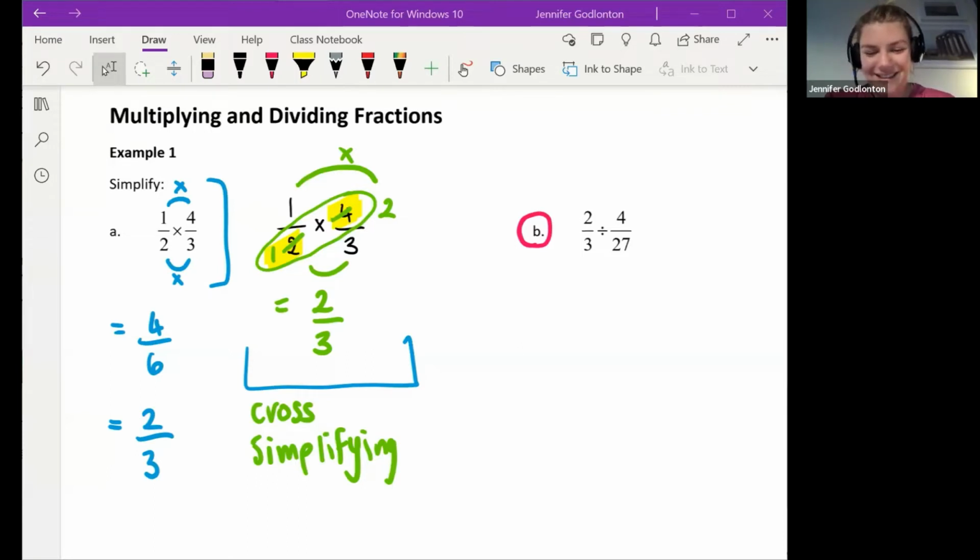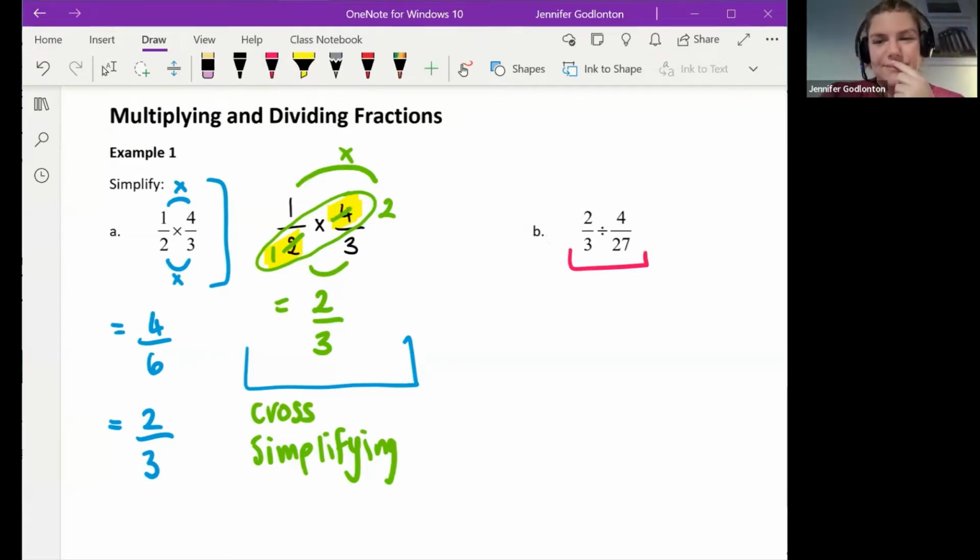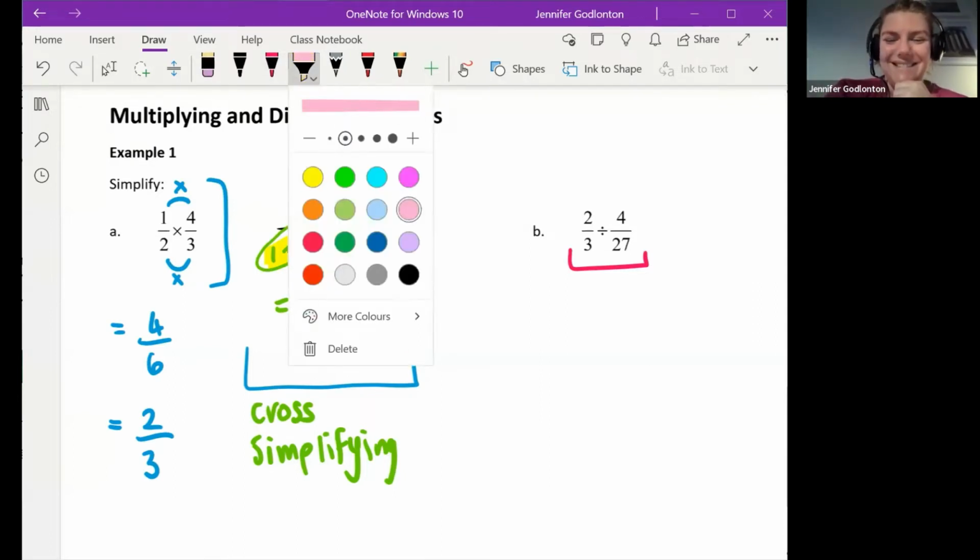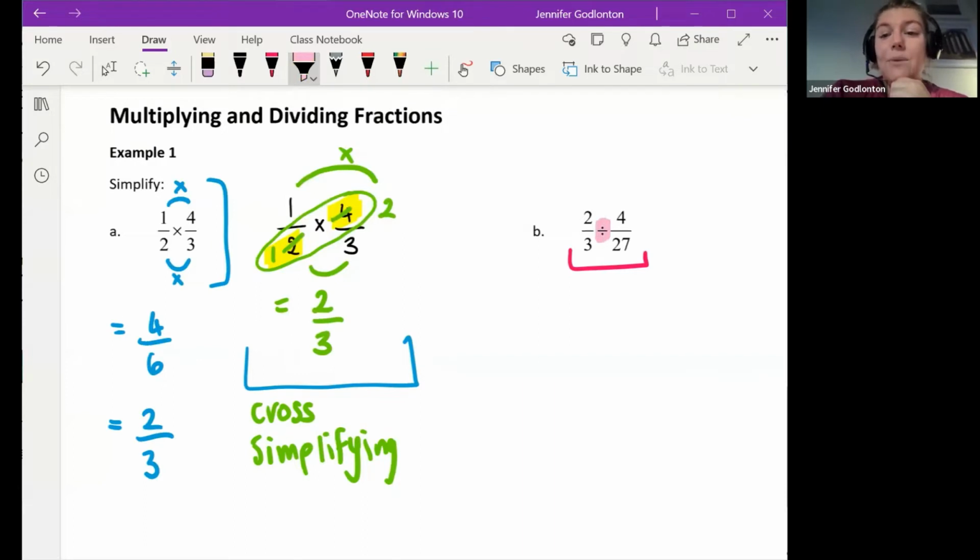I wanted to answer the simplifying. Okay. Do you think you could help us a little bit here, or are you feeling a bit lost? What's your gut telling you to do? I'm not sure, but I think we can also cross multiply. Okay, we definitely are going to cross simplify, but we have to do something first. But thank you so much, and hopefully you will answer a question for us a bit later.